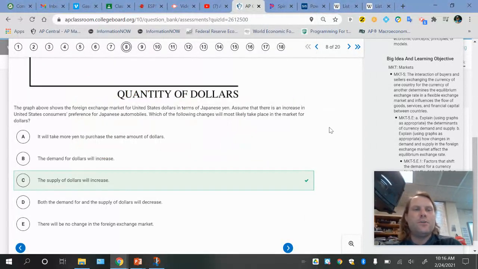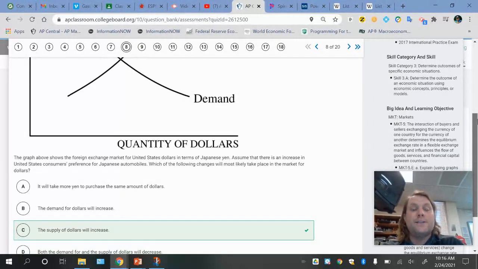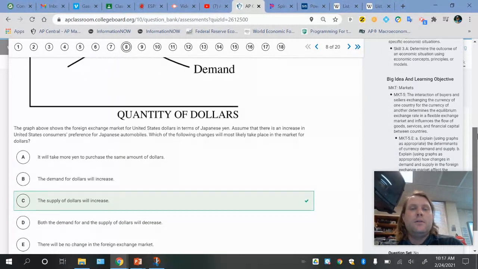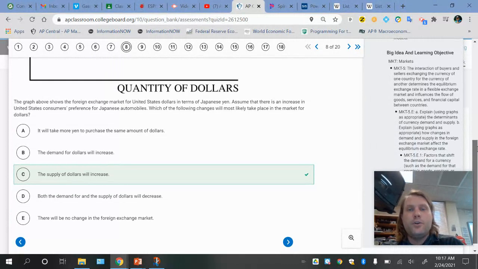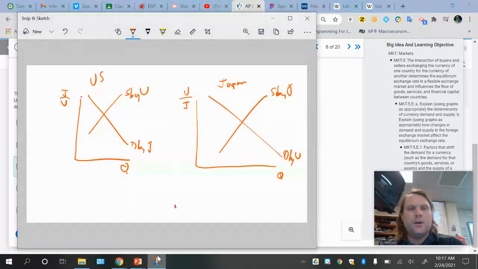Again, they've kind of given us a graph up here, but it shows us for the foreign exchange dollars, it shows us for the United States dollars. So what's going to happen in the market for US dollars? Okay, so here's what we know. We know that the demand for Japanese yen is going to increase.